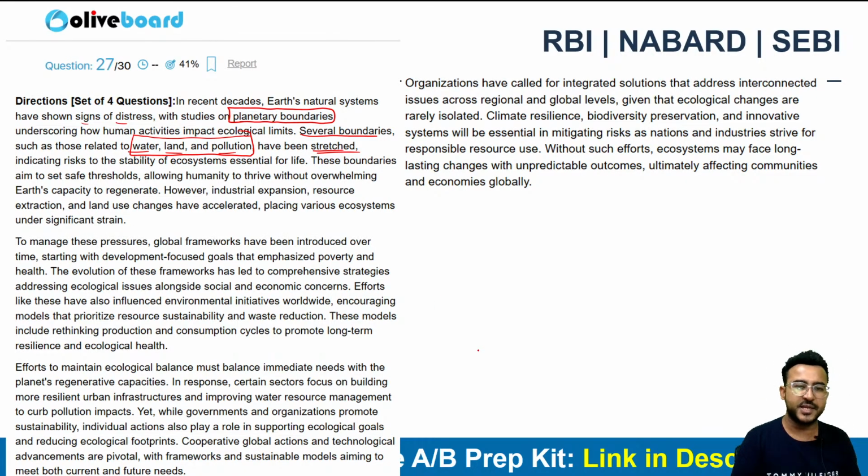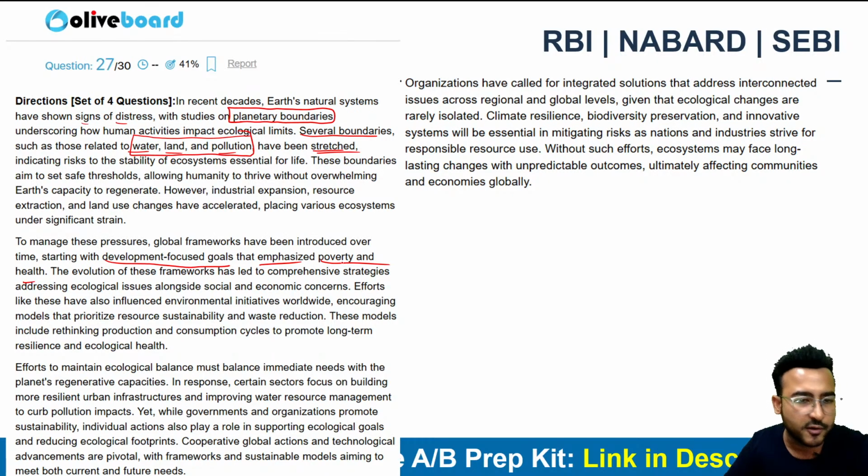To manage these pressures, global frameworks have been introduced over time, starting with the development focused goals. So they are talking about the development focused goals here that emphasized poverty and health. Okay, so the emphasis was on poverty and health.